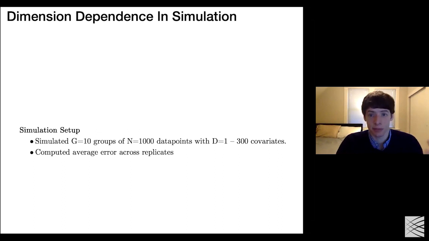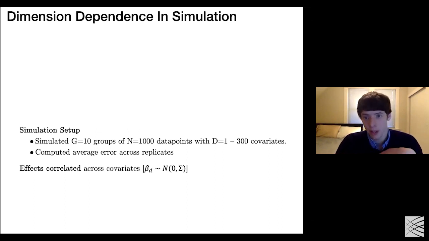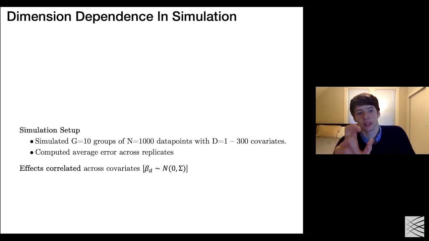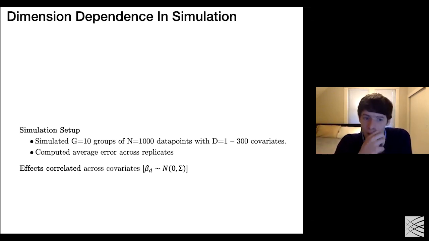And we're going to do this simulation in two different ways. The first one is with effects actually correlated across groups. So this is assuming that our data is coming directly from our presumed generative model with high correlation.